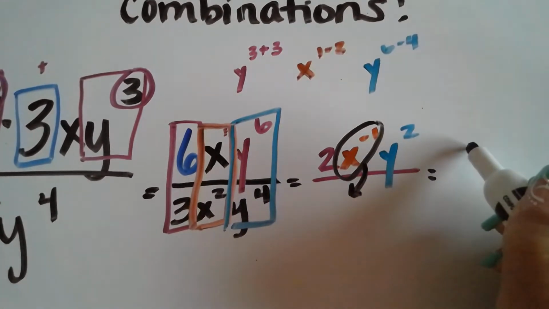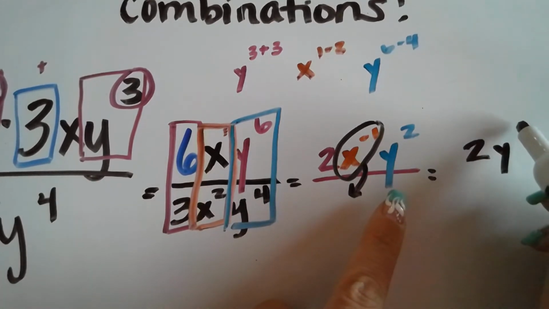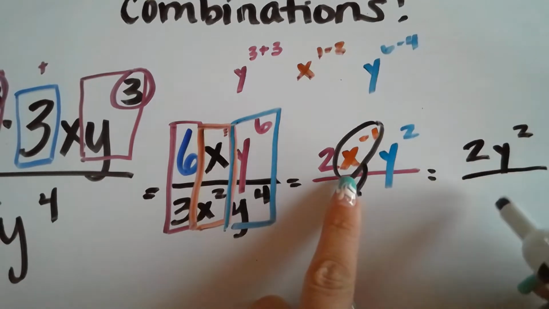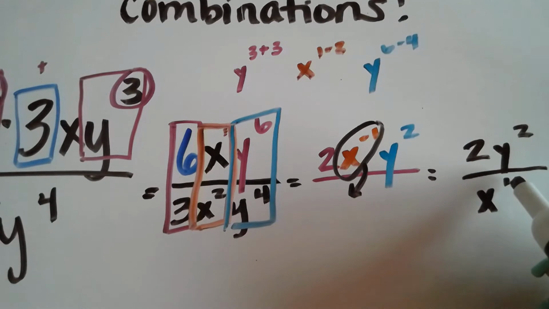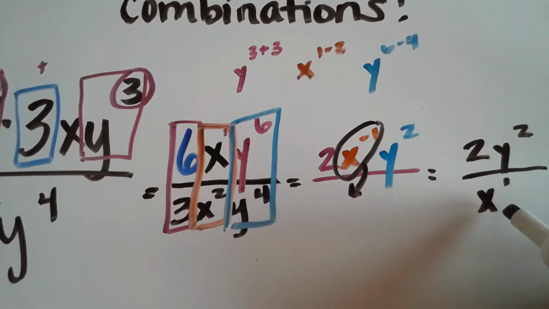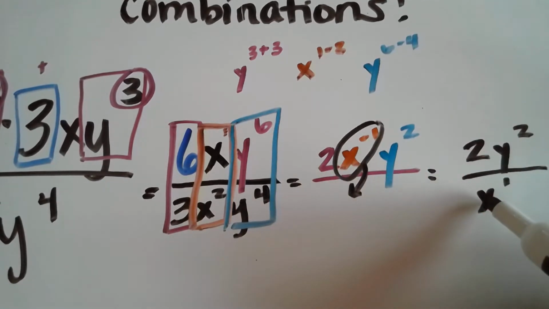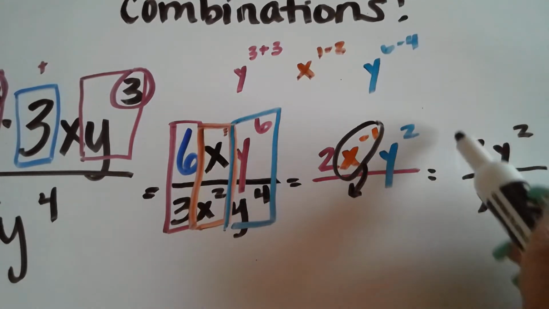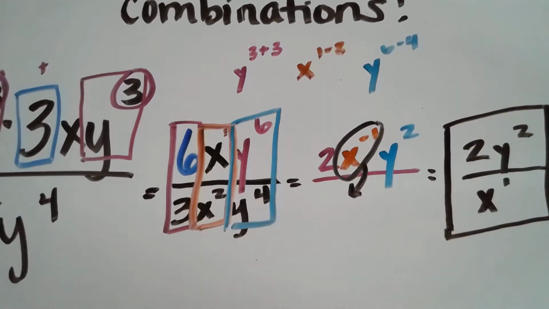So this is going to be 2y squared over x to the first. You don't technically need to write that 1 for an exponent, but for the purpose of this video, so you know where I'm getting all of my numbers from, I'm leaving it. As you can see, when I brought it down to the denominator, it made that negative 1 into a positive 1. And that would be your answer.